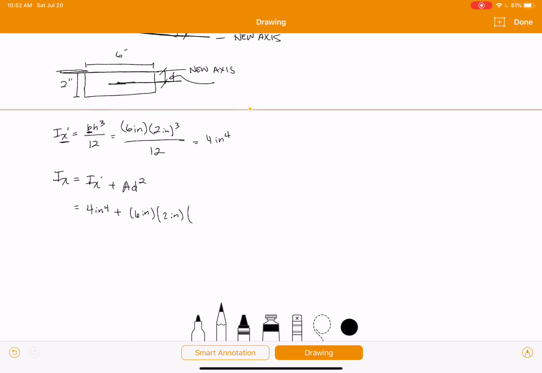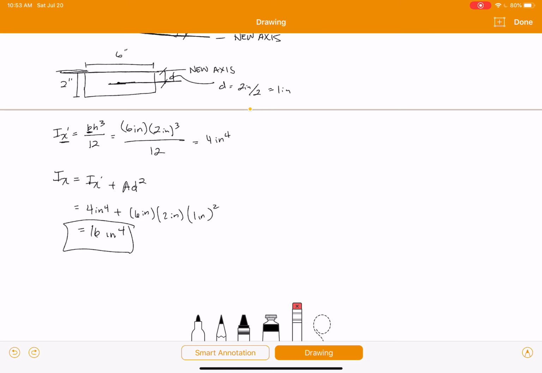So d is going to equal 2 inches divided by 2, which is going to be 1 inch. So it's 1 inch squared. Plug that into your calculator, and you're going to get 4 plus 12 equals 16 inches to the 4th. And that's your new moment of inertia about its new axis.